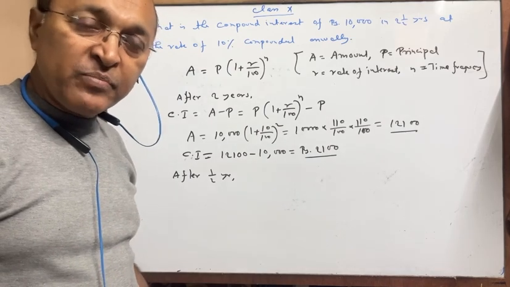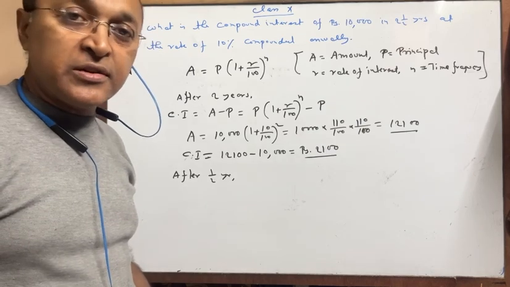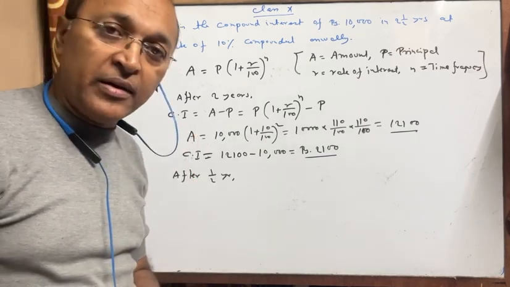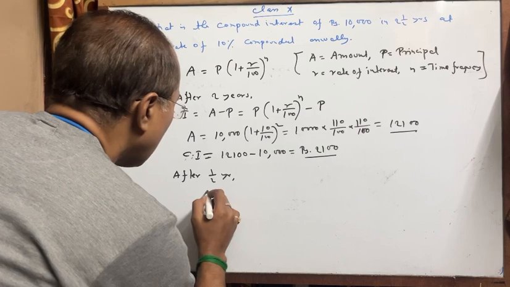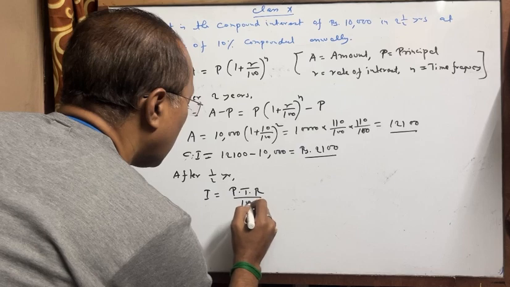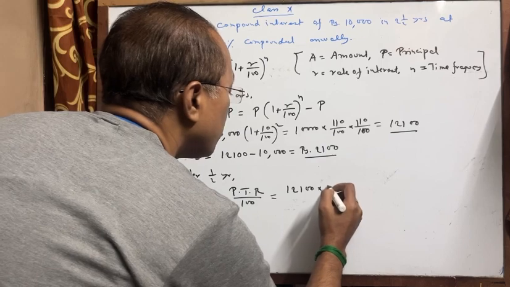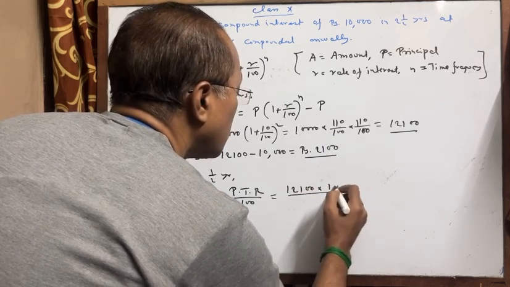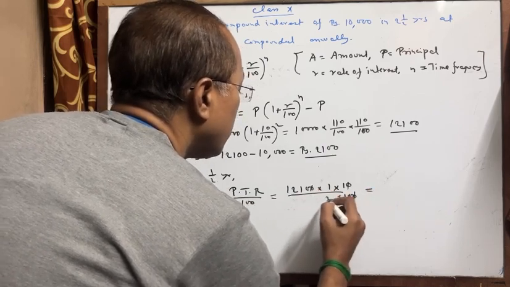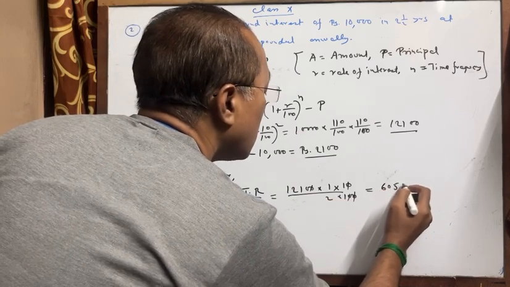So now we are going to find out the interest after 6 months or half a year using I is equal to PTR by 100. Here it is 12,100, time is 1 by 2, into 10, divided by 100. That is rupees 605.